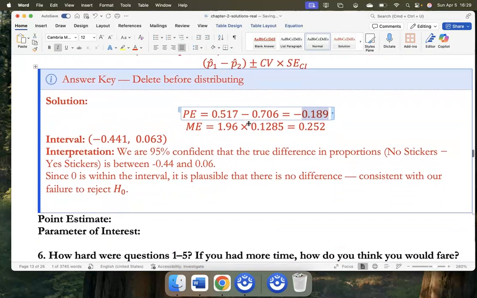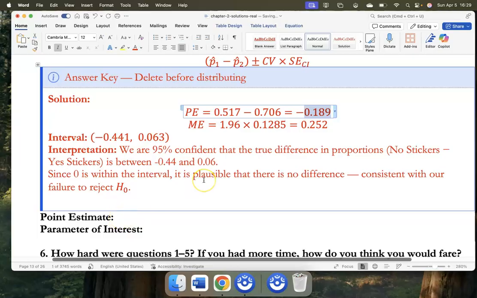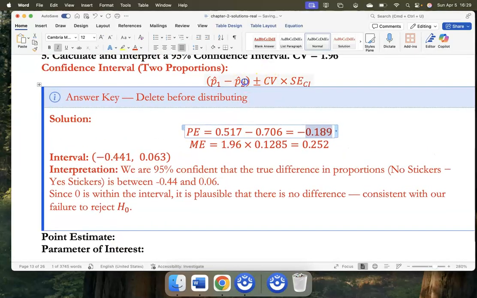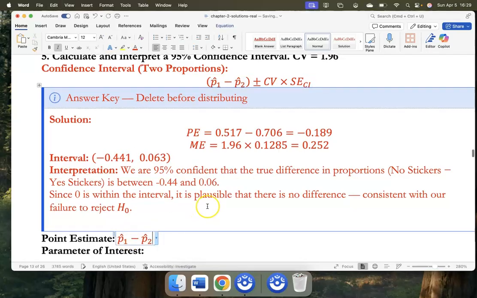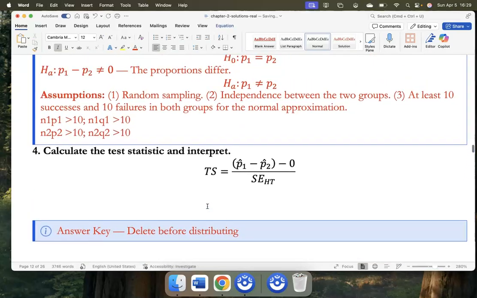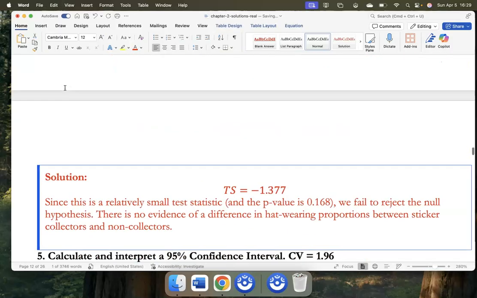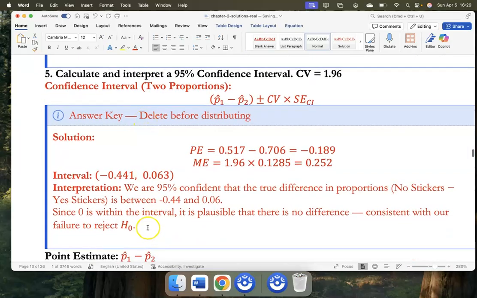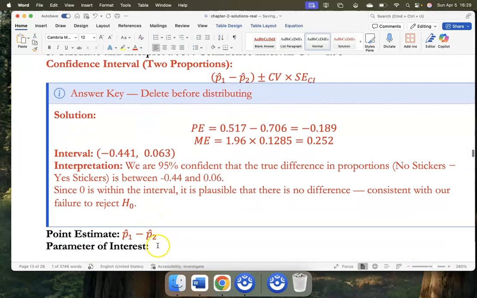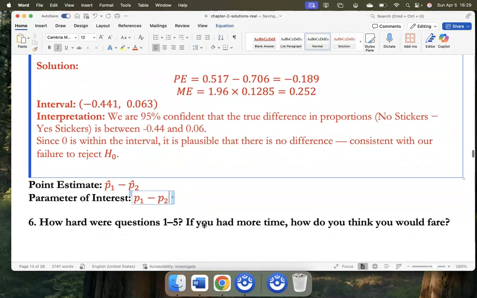Again, our point estimate is going to be this difference, and our parameter of interest, again, is going to be this difference, where we use p1 hat minus p2 hat to estimate p1 minus p2.